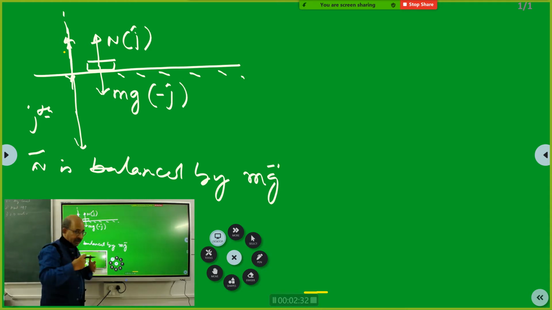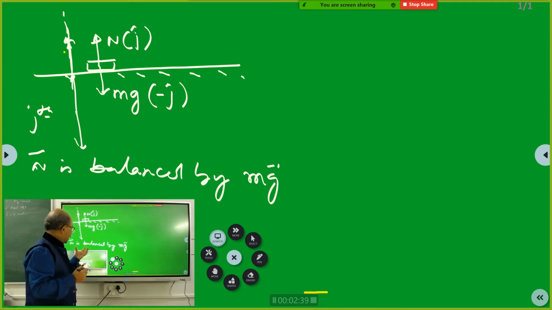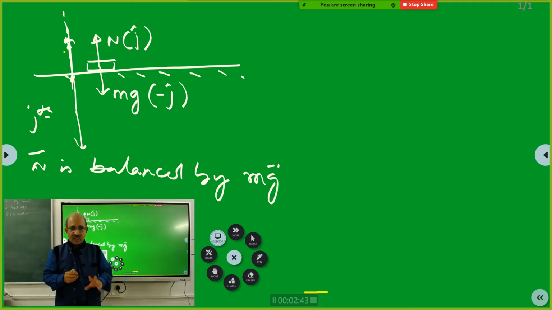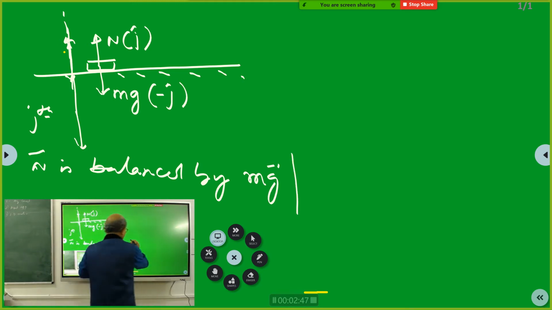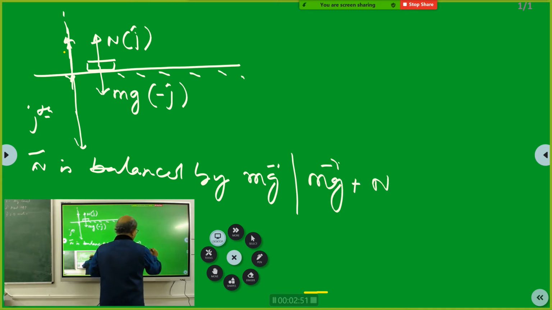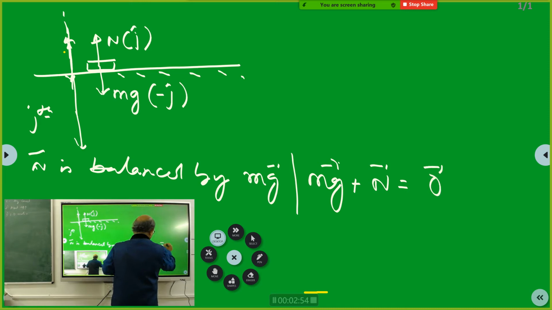Mathematically, whenever I say so, I am using English words, and the English words are n bar is balanced by mg bar. The same English words, if I convert it into a math model, then it means mg bar plus n bar is equal to 0 bar.